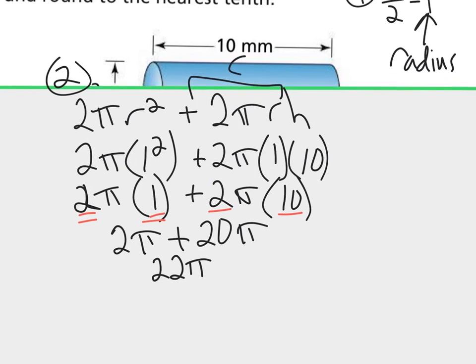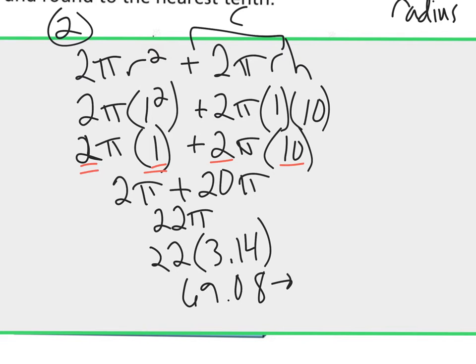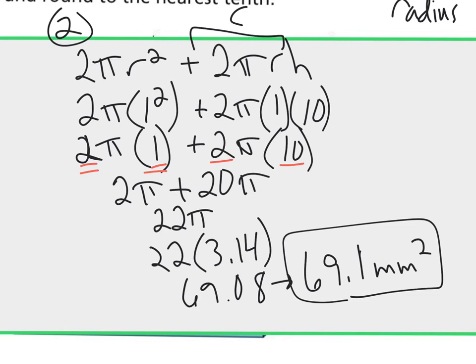That would be in terms of pi. The directions here say to use 3.14 for pi and round to the nearest tenth. So we'd be doing 22 times 3.14. 69.08. Okay, so 69.08 to the nearest tenth would be 69.1. Square millimeters would be our surface area.